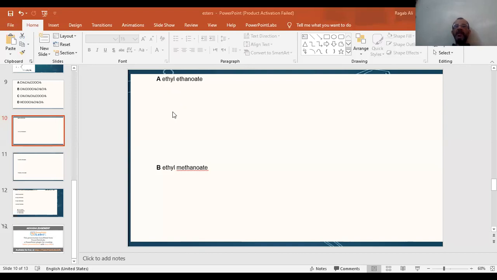Let's see, I have here 4 examples. The first example, ethyl ethanoate. How can you draw ethyl ethanoate? First of all, once you want to draw, don't start with ethyl. Don't start with the part containing YL. Start with the part containing OATE. Here, let's see how.